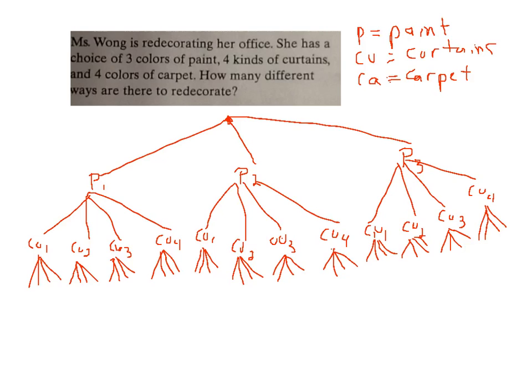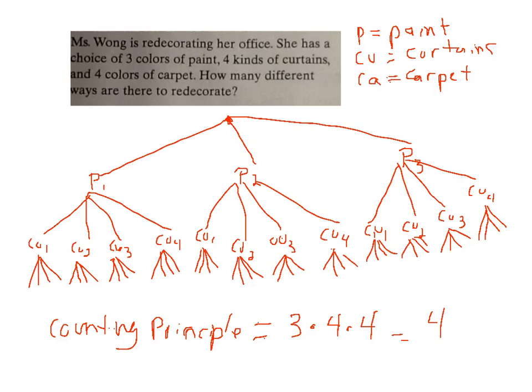And look at how many, count all those up. Or if we did the counting principle, we could just multiply everything together. We've got 3 kinds of paint times 4 kinds of curtains times 4 kinds of carpet, which gives us 48 ways.